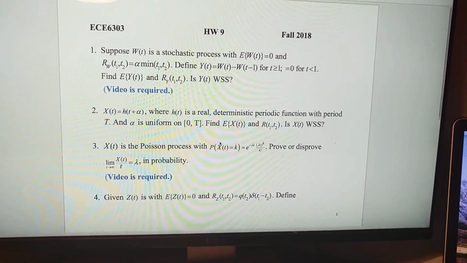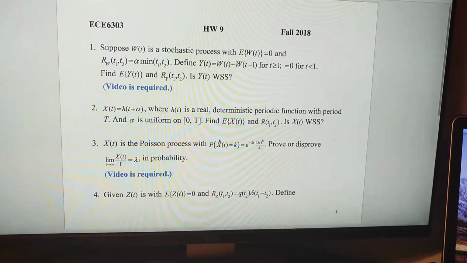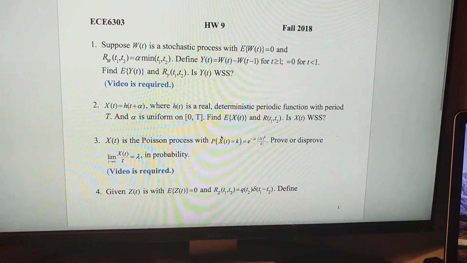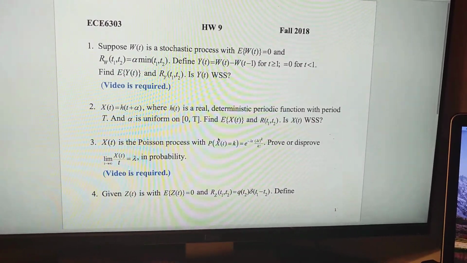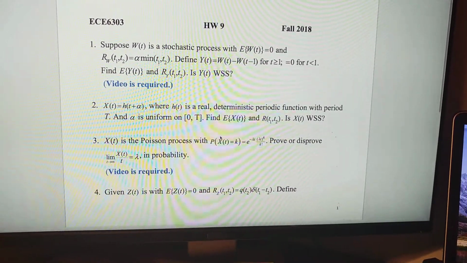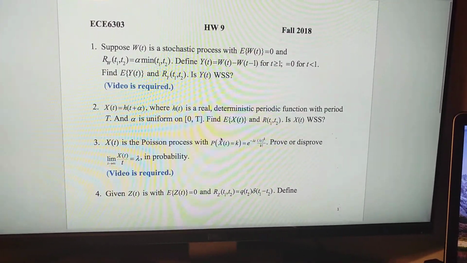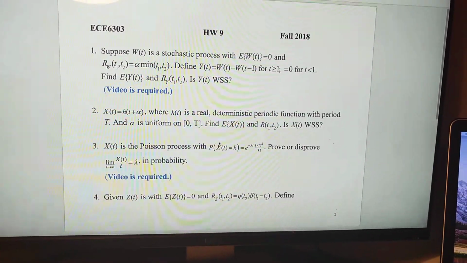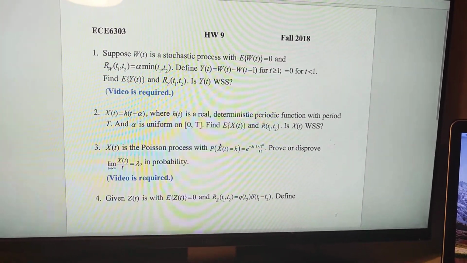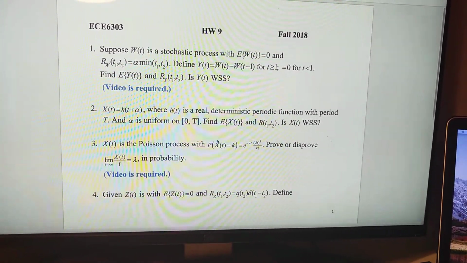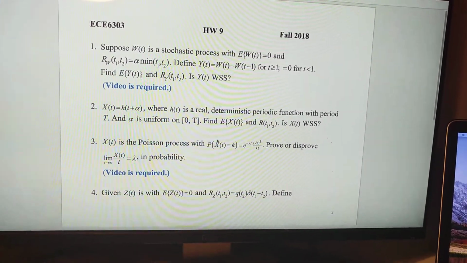Define Y_t equals W_t minus W_(t-1) for t greater than 1 and equals 0 for t less than 1. The question is to find E[Y_t] and R_Y(t1, t2), and whether Y_t is WSS.